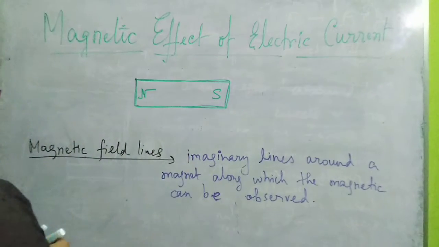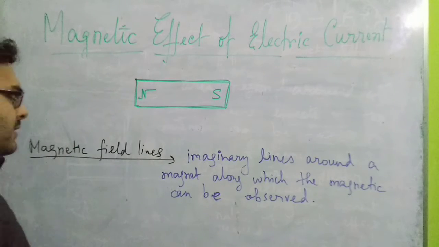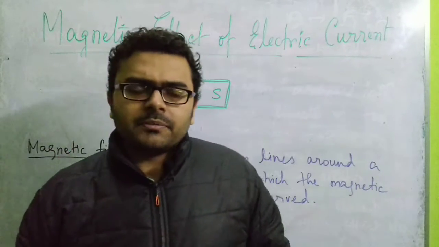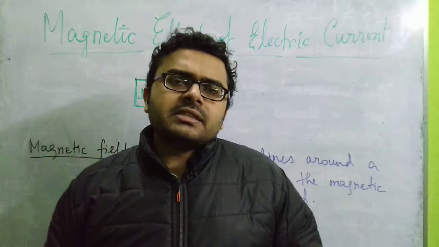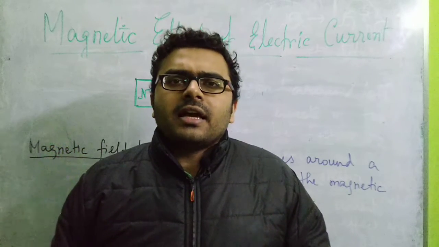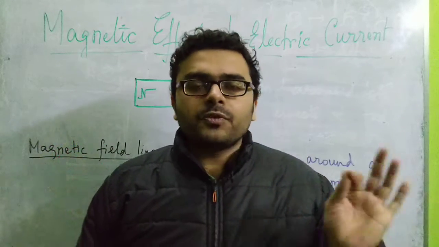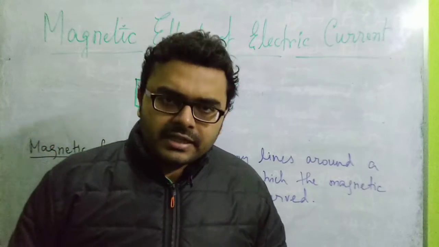Okay, fine. Now if you keep this magnet over a cardboard and put some iron filings all around the magnet and gently tap 2 to 3 times, you will see that these iron filings align themselves along certain lines from the north pole to the south pole of the magnet. Those lines are actually called the magnetic field lines.